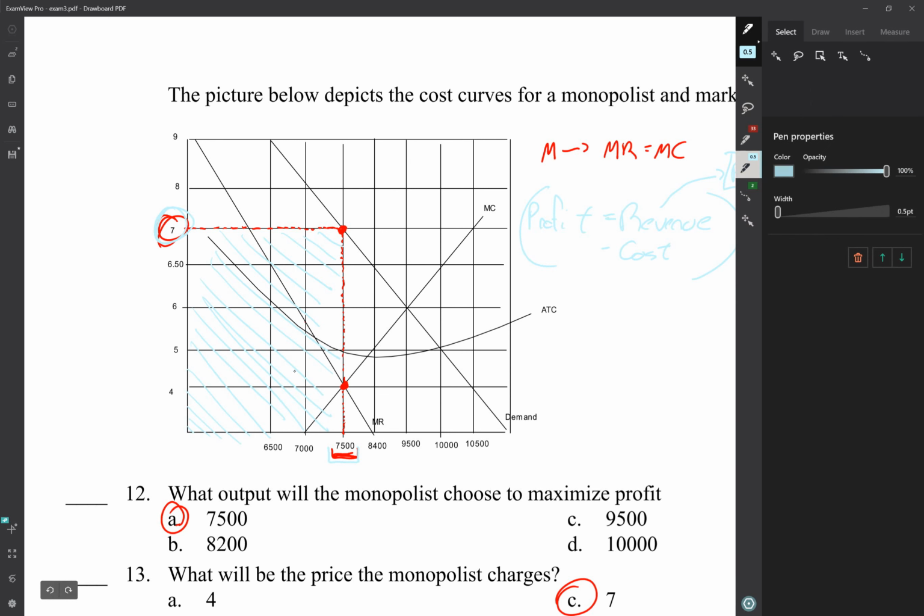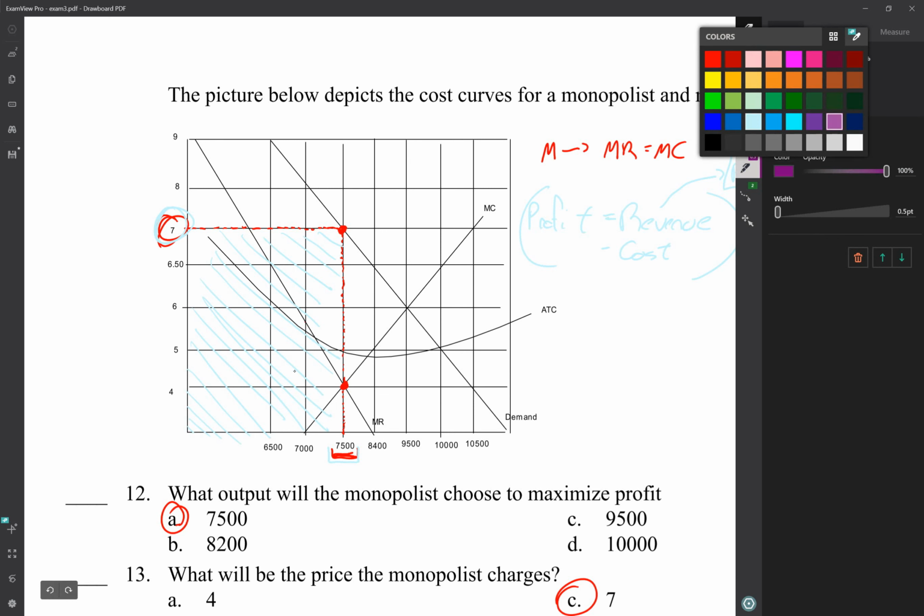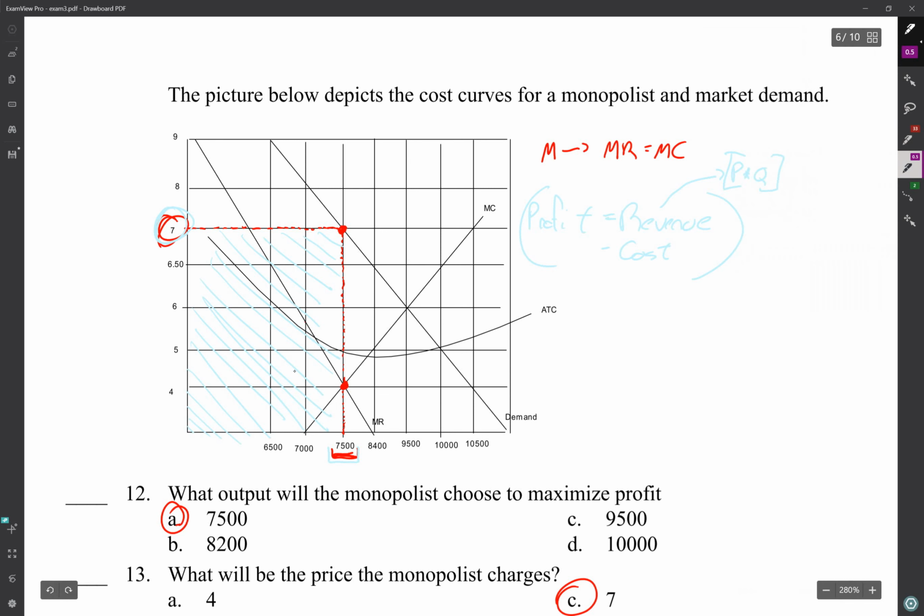Okay, so if we want to know what our cost is, well, let's take a look at what options we have available on our graph. We see we've got marginal revenue, demand, marginal cost, and average total cost. Average total cost is going to be how we figure out our total cost.